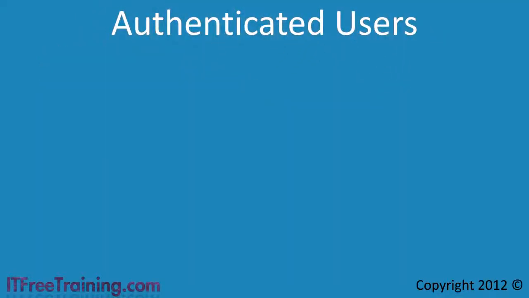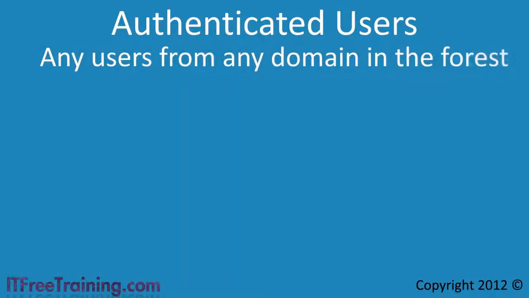In some cases, you may have a resource that you want to give access to users that have been authenticated and thus have a valid user account. The next special identity, Authenticated Users, allows you to do this. This contains any users that have been authenticated from any domain in the forest.